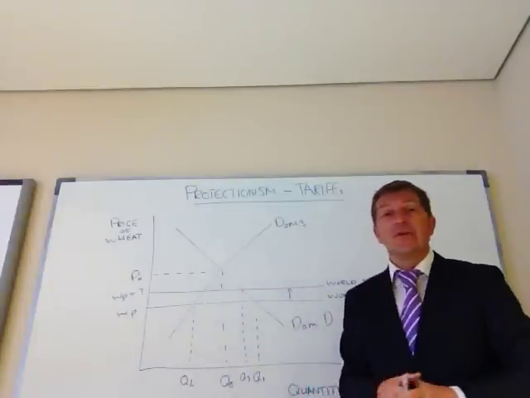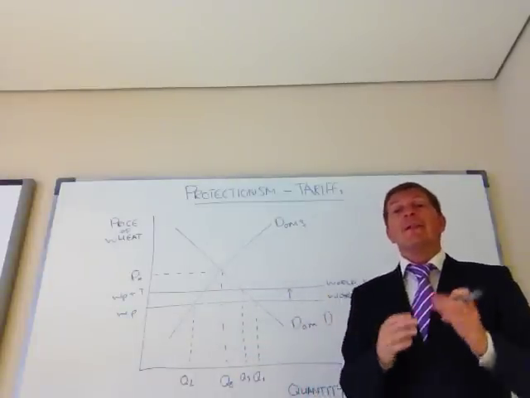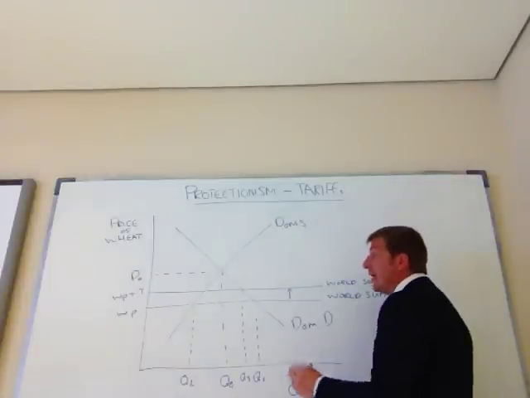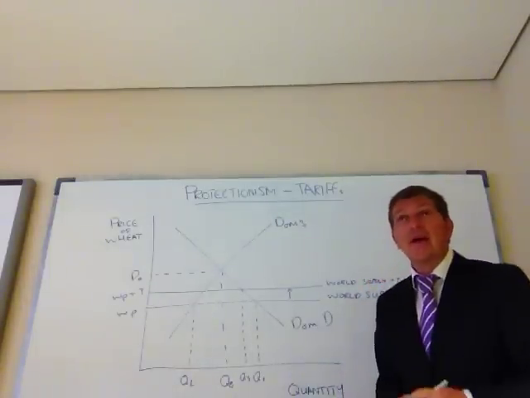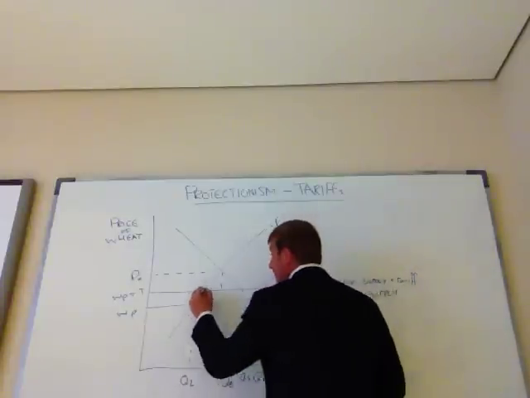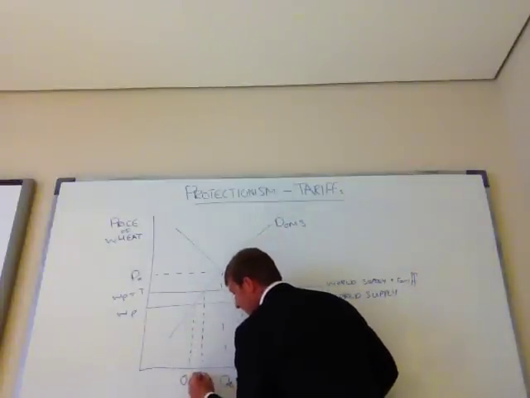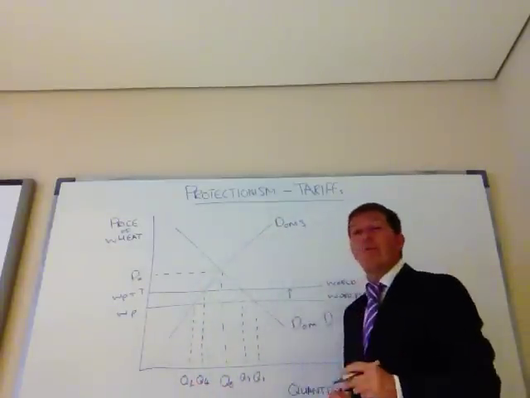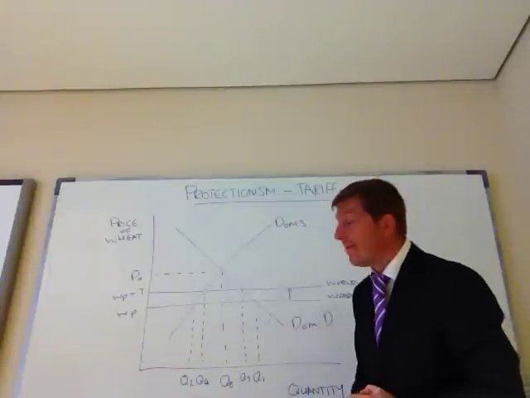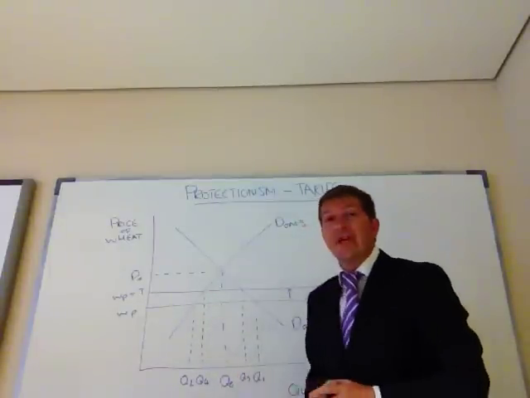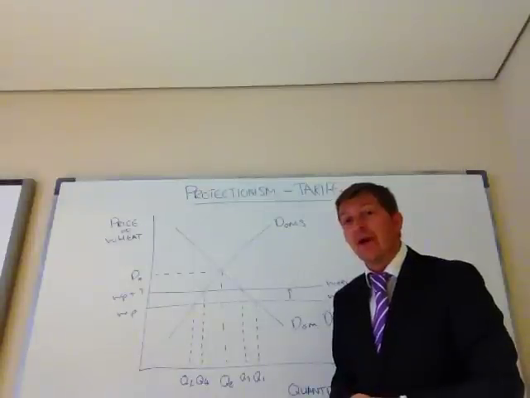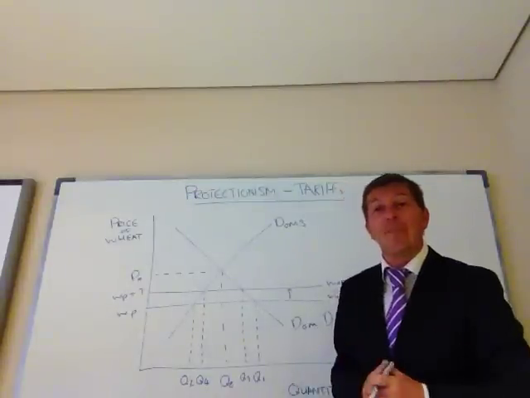What happens in relation to domestic supply? Domestic suppliers, because they are being protected, are able to produce more. They will now produce Q4. They will also receive a higher price for their product. They are very happy.